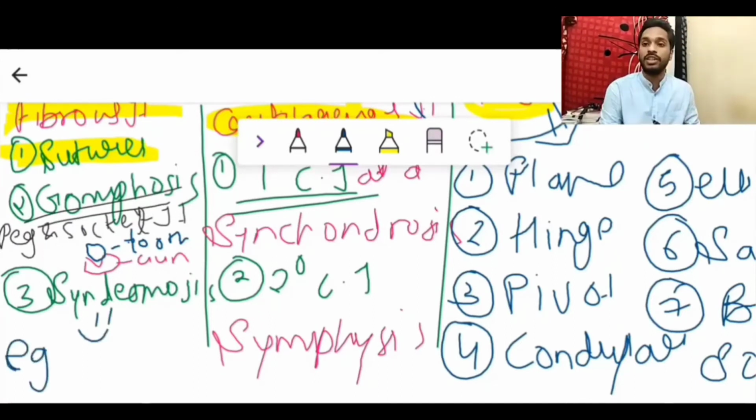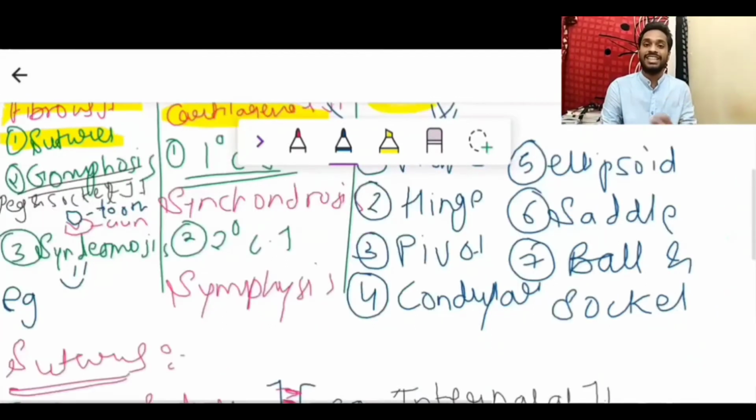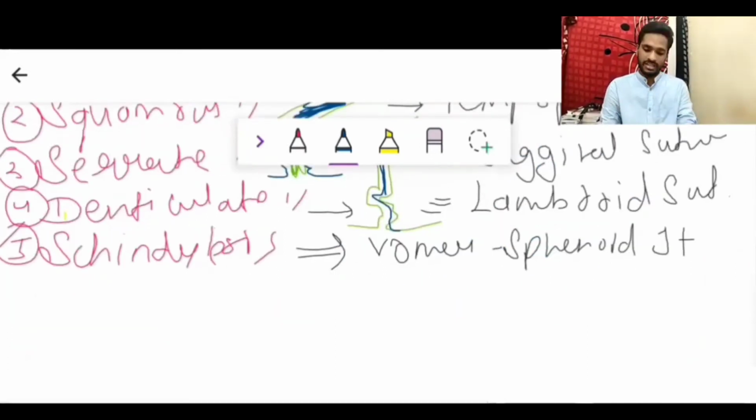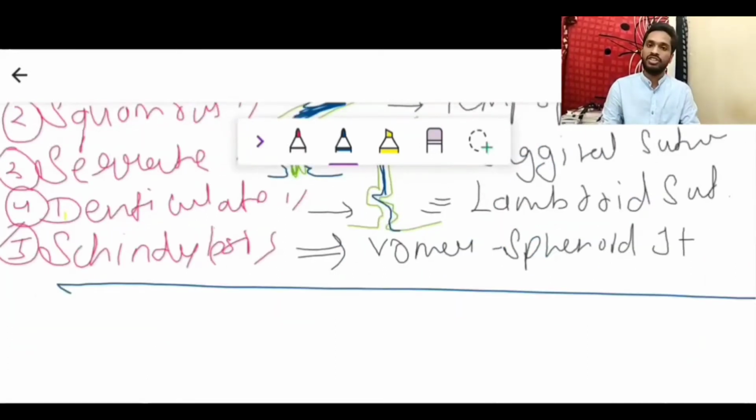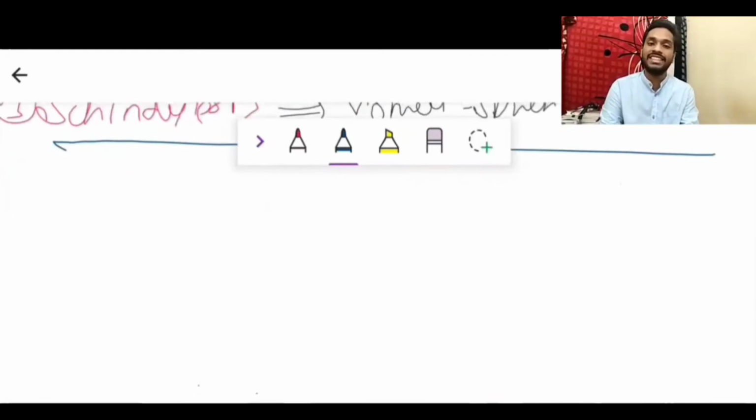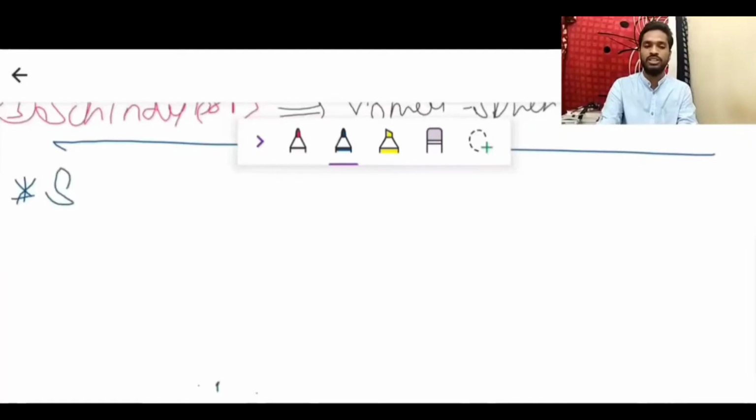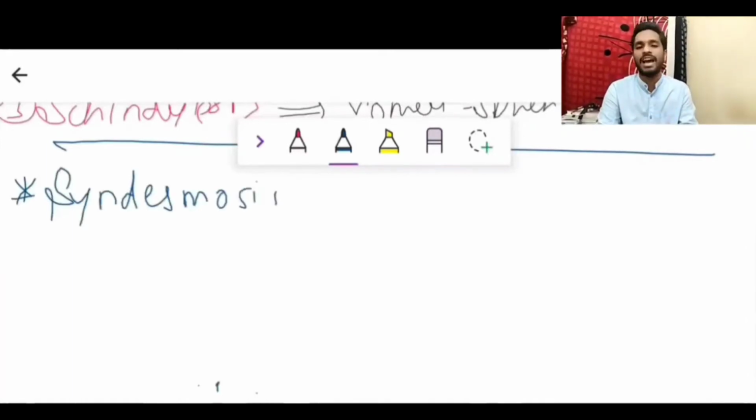Now, if we talk further, we have syndesmosis. Don't confuse it with shin dialysis, which is an example of suture joint, that is the vomer groove suture. This is syndesmosis. Usually we have this interosseous membrane.